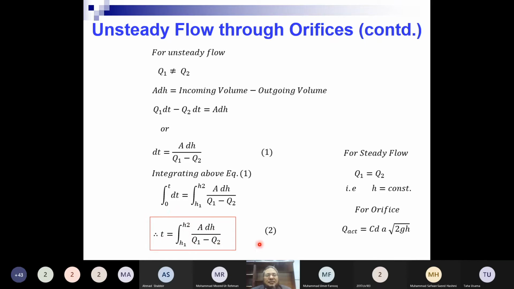This is the expression for the emptying time of the reservoir from one head to another head. Is it clear?